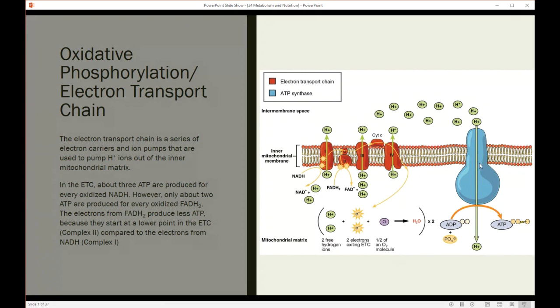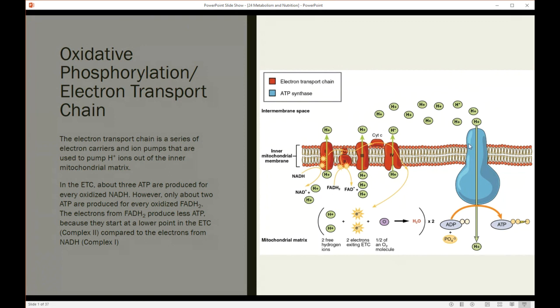And then we can shove them through this molecule right here, okay, we're going to send the hydrogen ions through it, okay? And the hydrogen ions want to go through ATP synthase, which is what this molecule is right here, okay? They want to go there, right? Because they want to diffuse through it, because this is an area of high concentration.